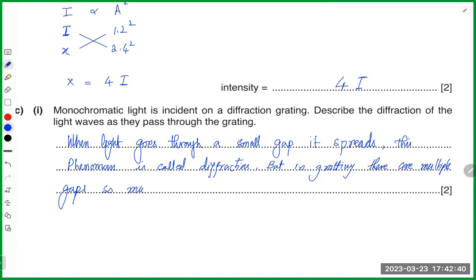So multiple diffracted waves interfere and produce maxima and minima. Multiple maxima and multiple minima are produced.